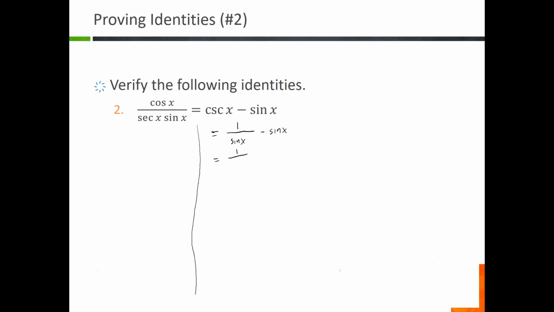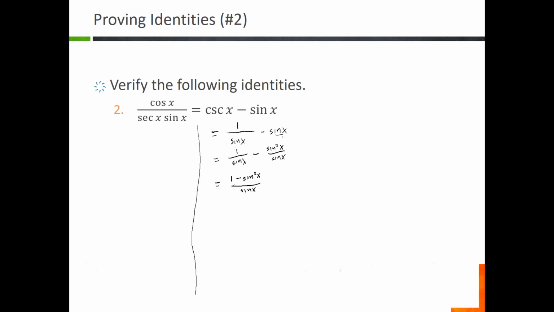So this is 1 over sine x minus, so think of this sine as over 1. If I want to turn that 1 into a sine, I'm multiplying top and bottom. So sine squared x over sine x. And then I can combine those together now because I have a common denominator. So I'd have 1 minus sine squared x all over sine x.